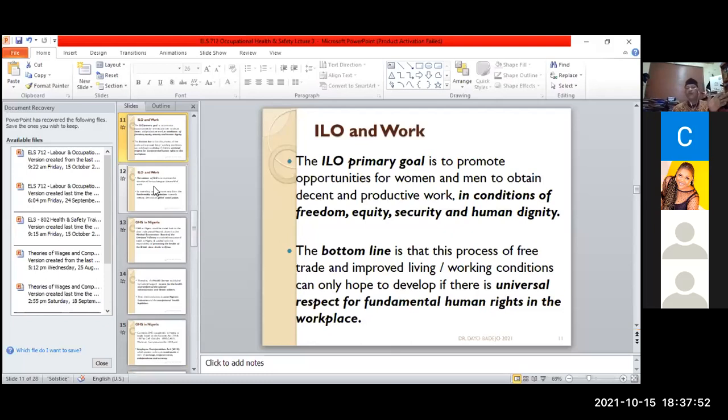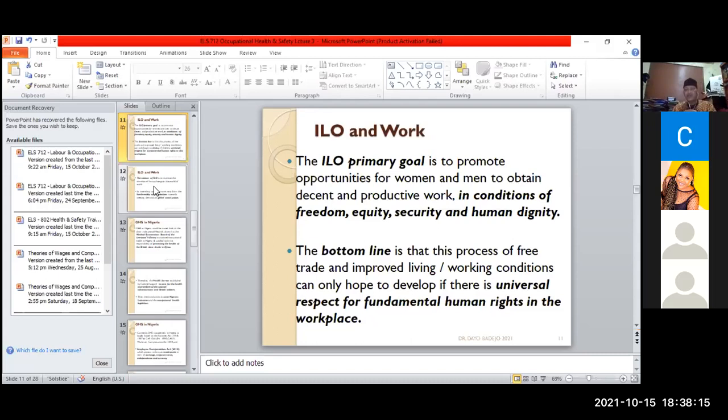So the primary goal of the ILO is to promote opportunities for everybody, more importantly, to obtain decent and productive work, not just any work. It must be decent and it must be productive, in conditions of freedom and human dignity.